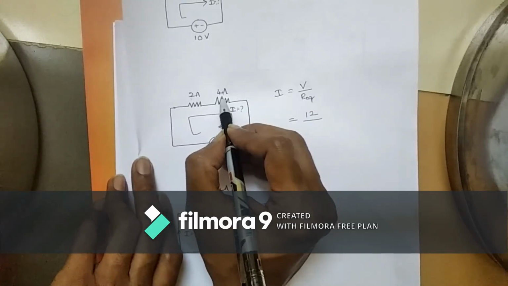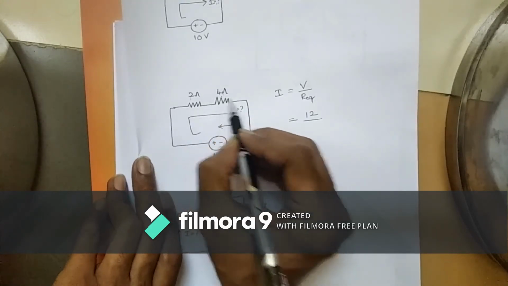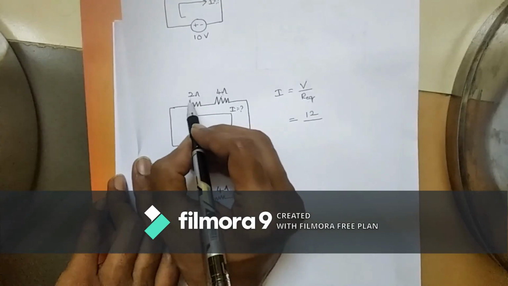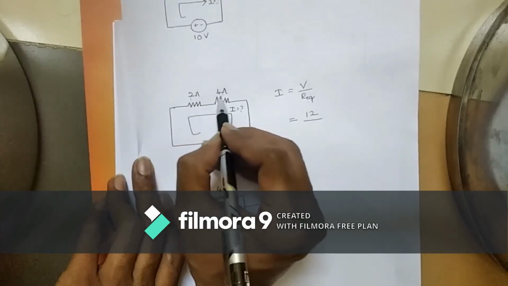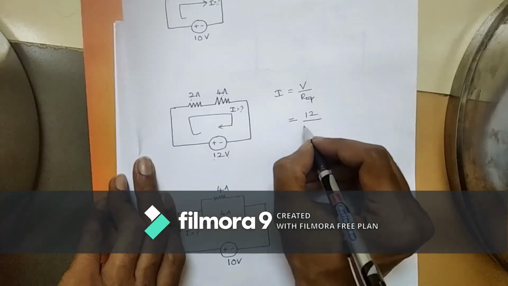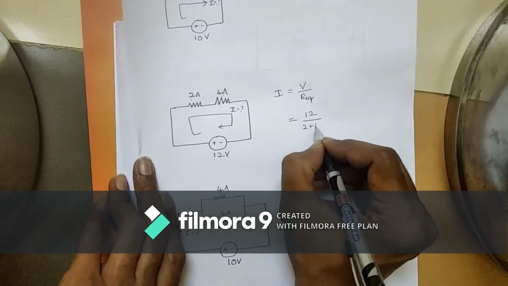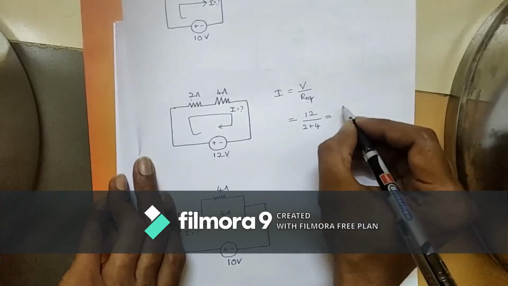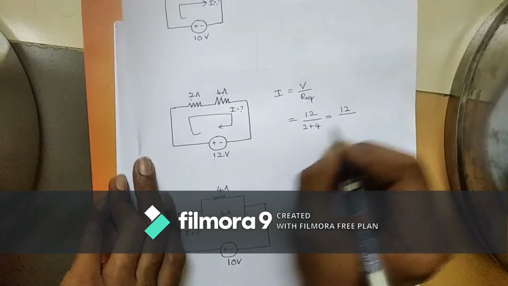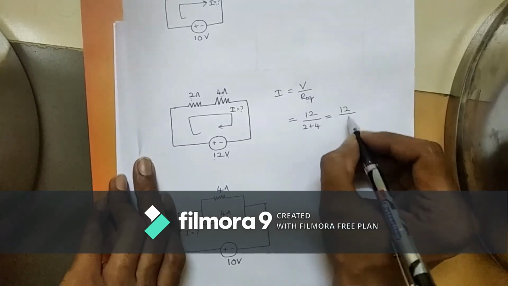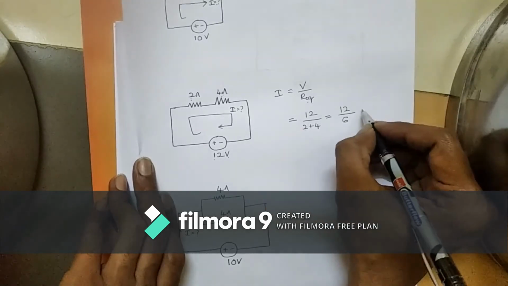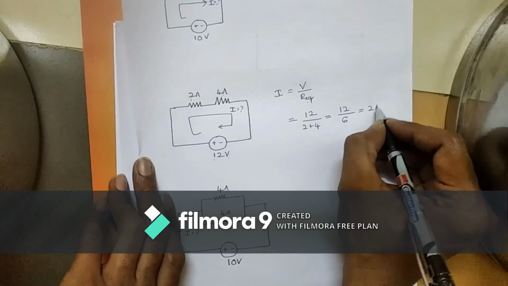If two resistances are connected in series, the equivalent resistance is the addition of these two resistances, so it is 2 plus 4. So the current is 12 divided by the equivalent resistance 2 plus 4, which is 6 ohm. So the current is 2 amperes.